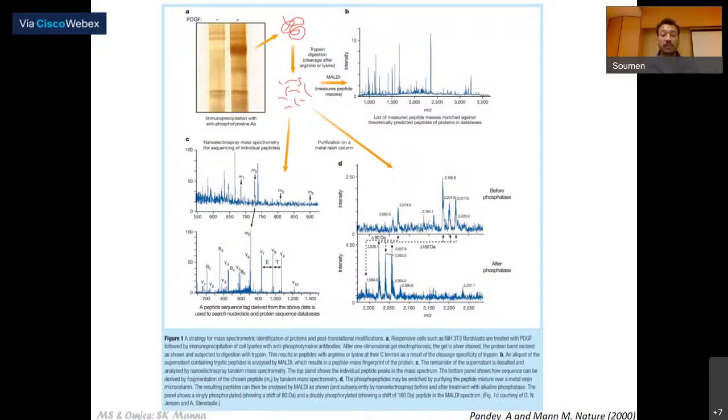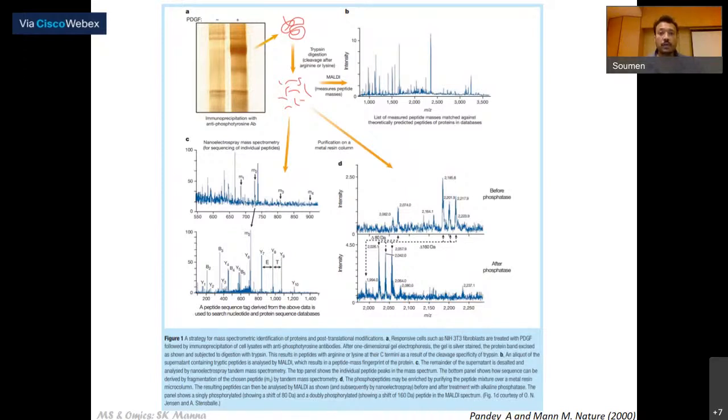The tryptic digest may not be good enough, and you may like to have orthogonal information using different proteases like Glu-C, which cut at different positions, or different serine proteases. So you can use different proteases to generate different data sets and convince yourself that you are hitting the same sequence, so you are getting a consensus hit identification.